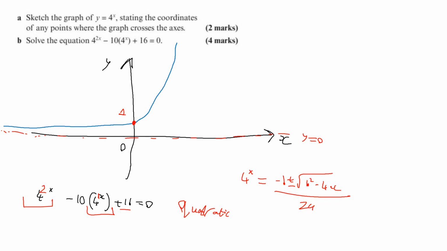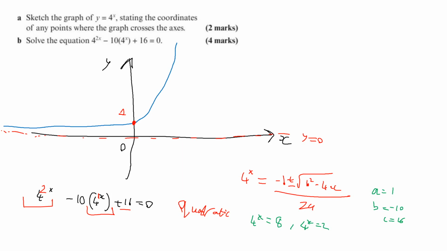And if we plug that into our calculators, we get 4 to the x as, right, where, just probably should mention this, a is 1, b is minus 10, c is 16. So 4 to the x is equal to either 8 or 2.